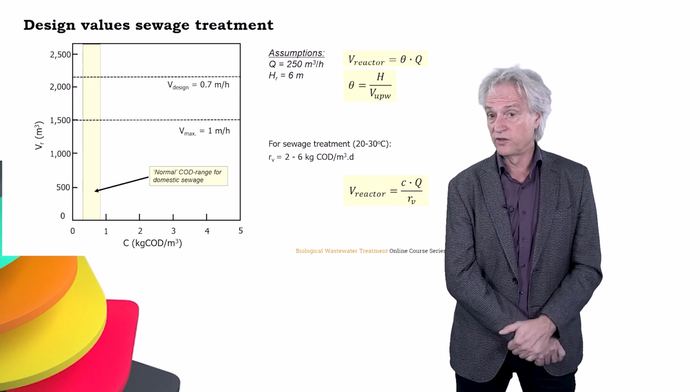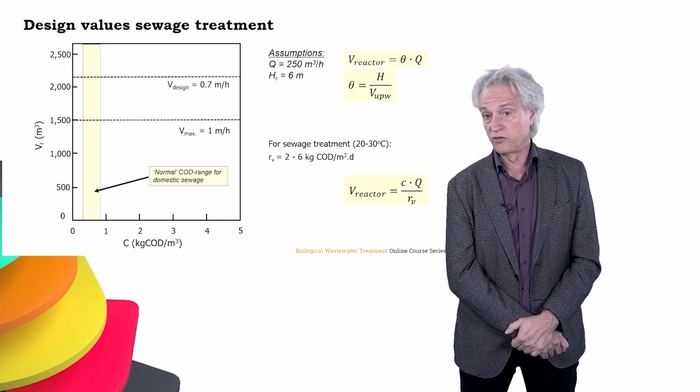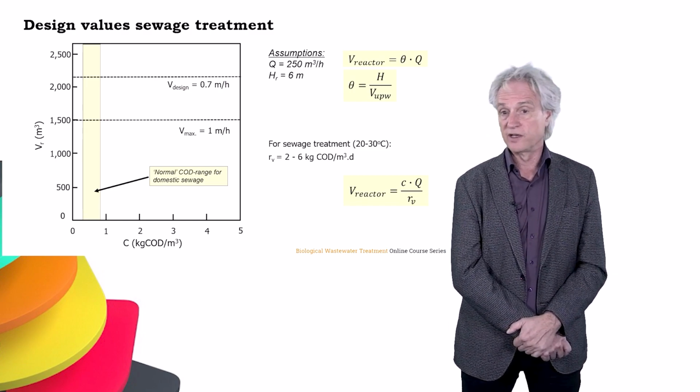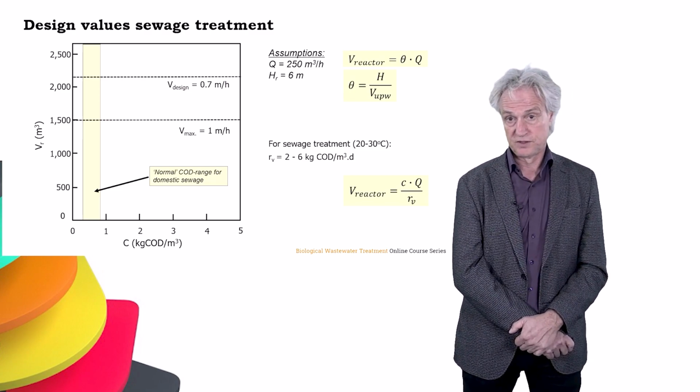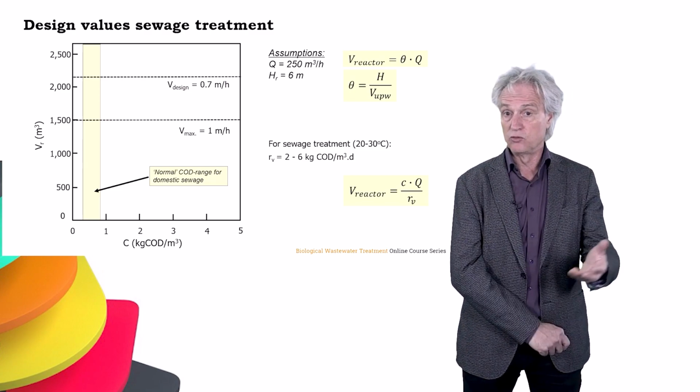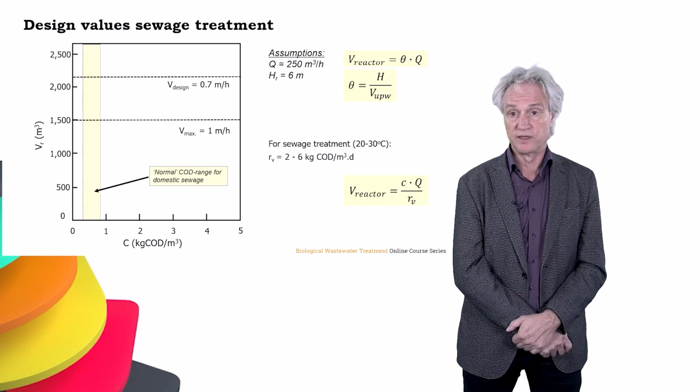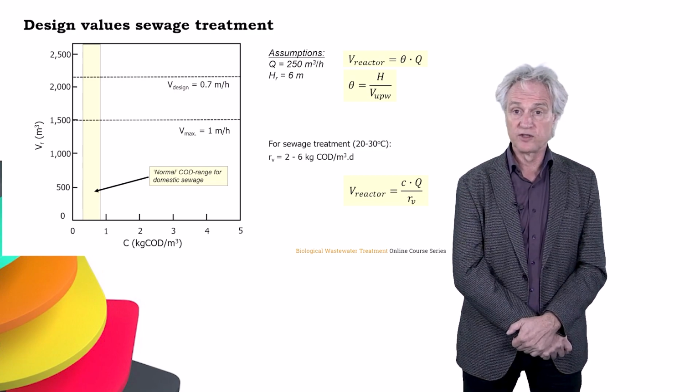Again, the calculation is done by the concentration of the sewage times the flow divided by the admissible volumetric loading rate, the RV, between 2 and 6 kilograms per cubic meter per day at 20-30 degrees Celsius.